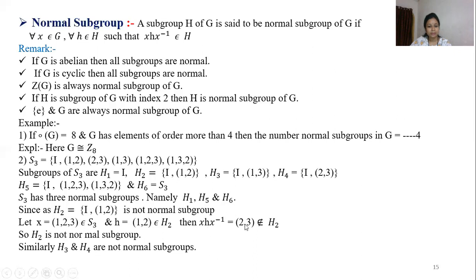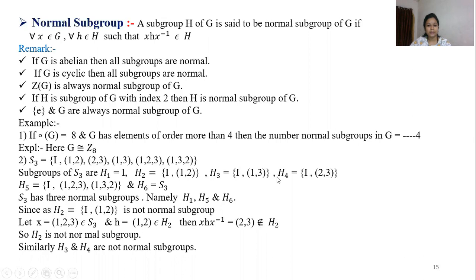The inverse of (1 2 3) is (1 3 2). Taking the usual permutation product, we obtain the permutation (2 3), and this is not a member of H2. Therefore, H2 is not a normal subgroup of S3.